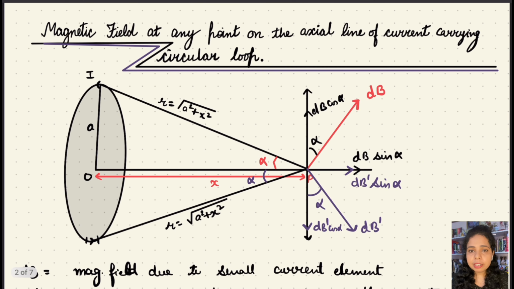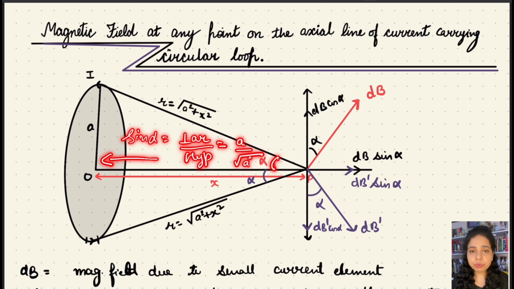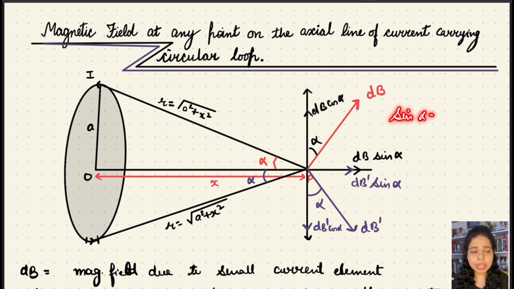In order to find this trigonometric function, let us consider this triangle. From here, sine alpha is equal to perpendicular upon hypotenuse. The perpendicular is the radius of the ring, that is a, and the hypotenuse is r. So sine alpha is equal to a upon root a square plus x square.